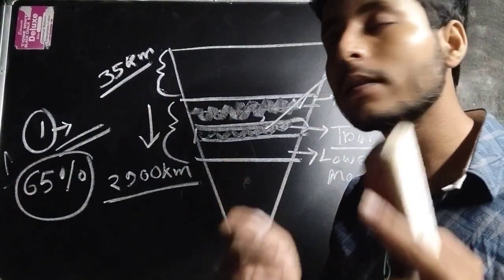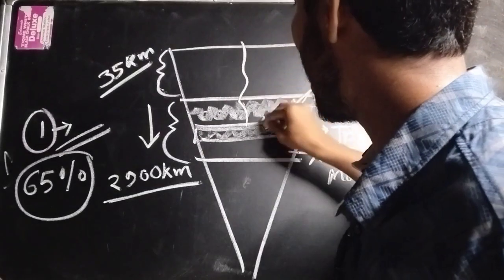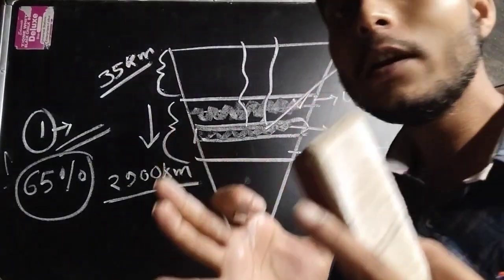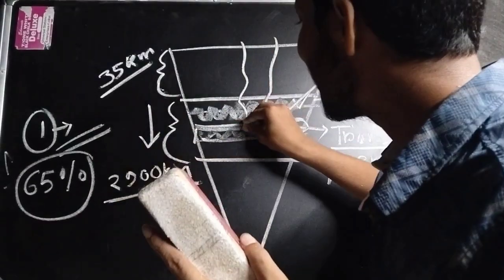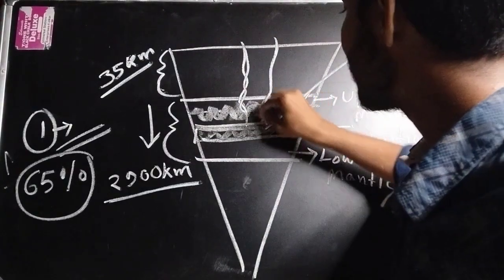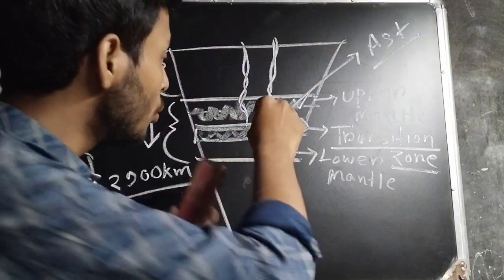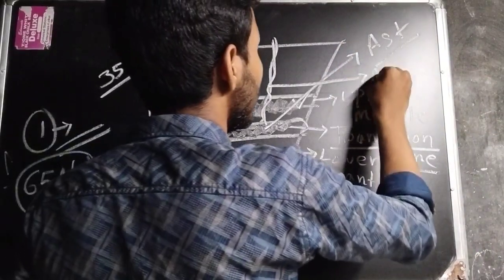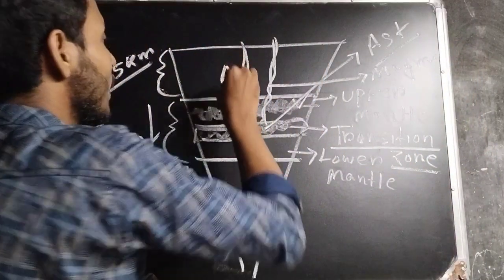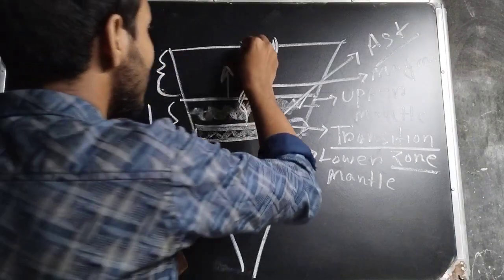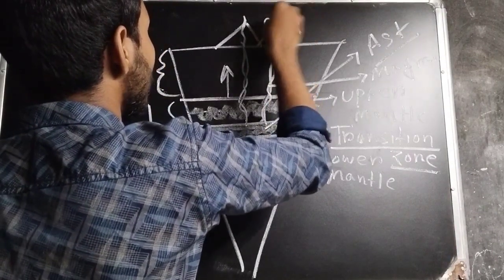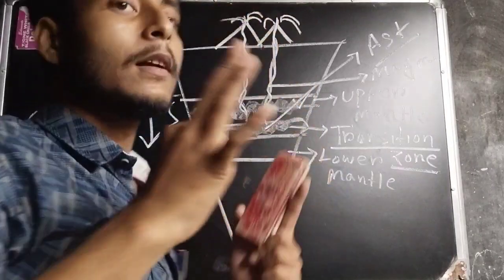How does magma get out from the interior of the earth? There are many cracks inside the earth, and through these cracks magma comes out from the volcanoes.